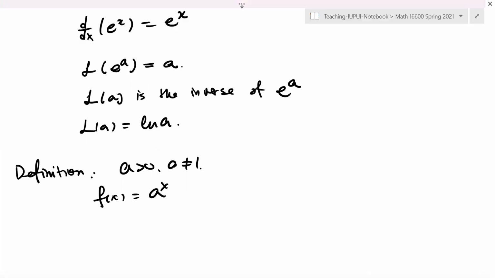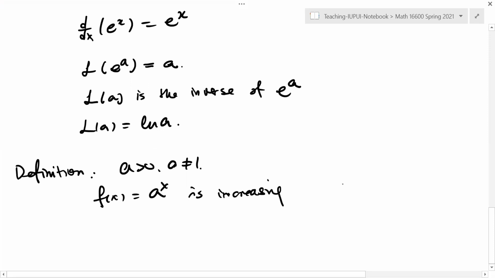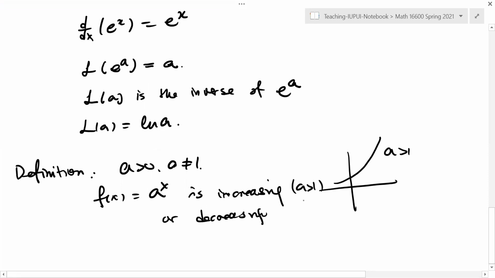If you look at the picture, it is increasing when a is greater than 1, and decreasing when a is between 0 and 1.